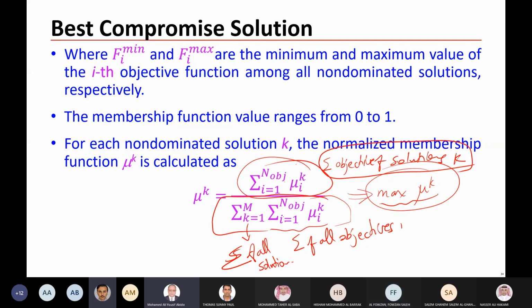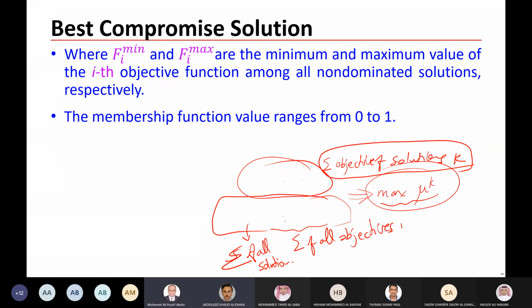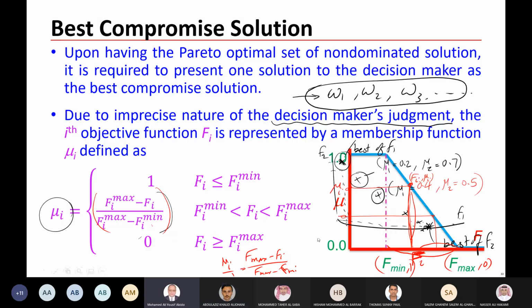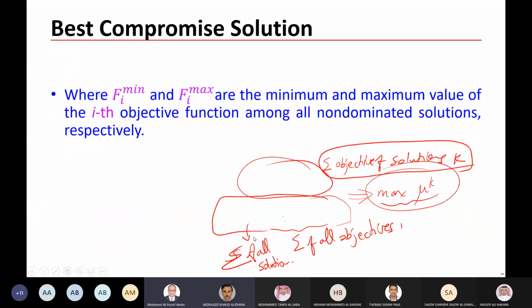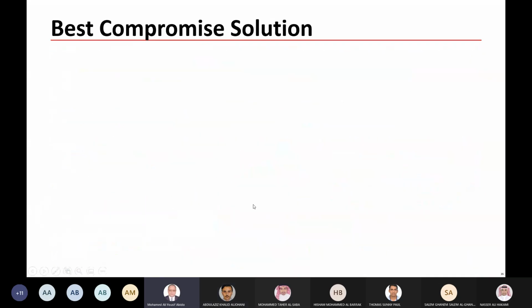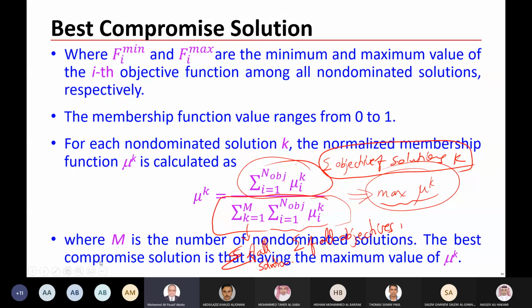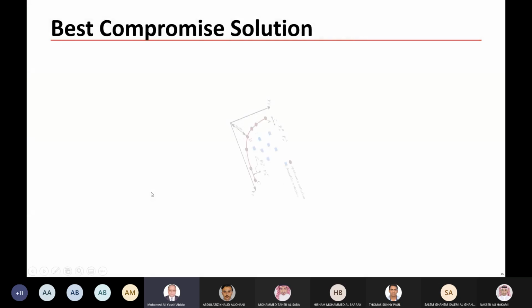Yes, Doctor. The best compromise solution doesn't necessarily mean that the solution is closest to, for example, the point 0, like in the graph f1, f2, or is it not related to that? Actually, graphically, you can say, let us say this is M, the number of solutions in the Pareto set.